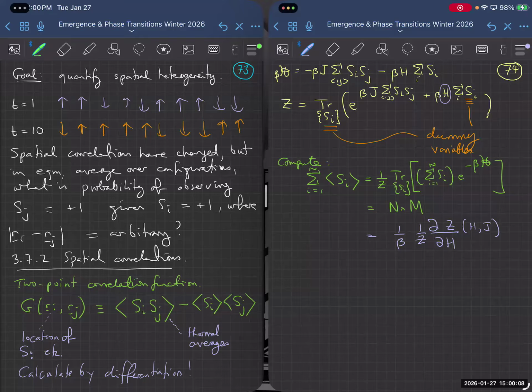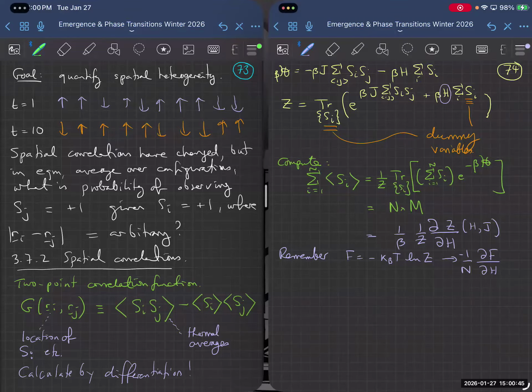We saw that the derivative of the free energy with respect to h is just the magnetization. So this formula is basically dF by dh times 1 over N with a minus sign. Okay, so that's how we can compute the magnetization.